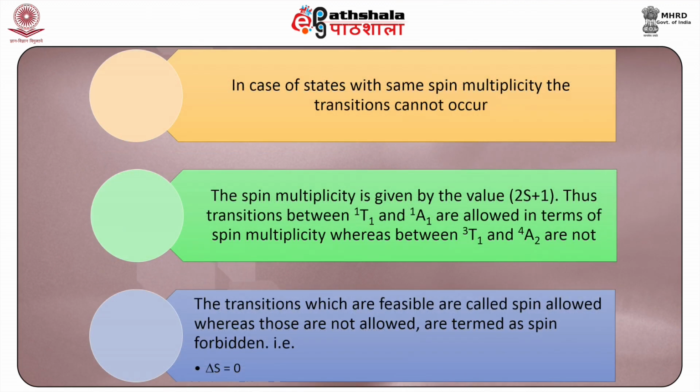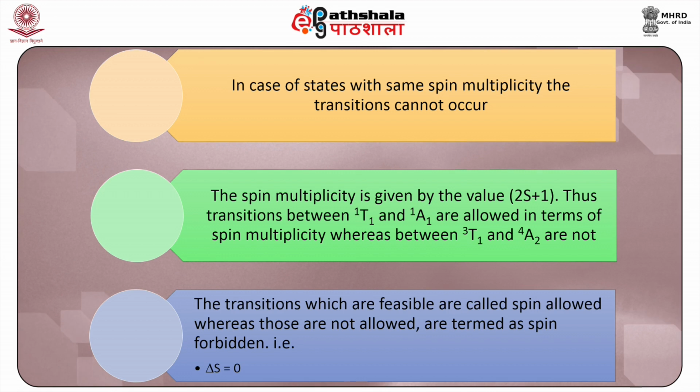According to the next rule, in case of states with different spin multiplicity, the transitions cannot occur. The spin multiplicity value is given by 2S plus 1. Thus, transitions between 1D1 and 1A1 are allowed in terms of spin multiplicity, whereas between triplet D1 and 4A2 are not.